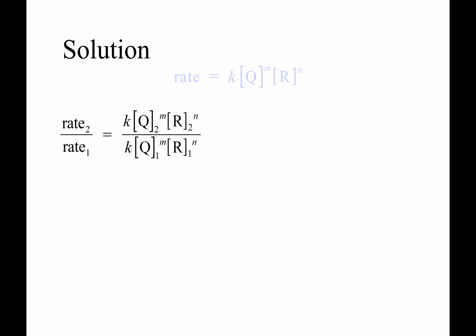For the second run, rate 2 is equal to K times the molar concentration Q2 raised to the M, molar concentration R2 raised to the N. For the first trial, rate 1 is equal to the same rate law constant K times the molar concentrations of Q and R for the first trial, raised to the same reaction order.